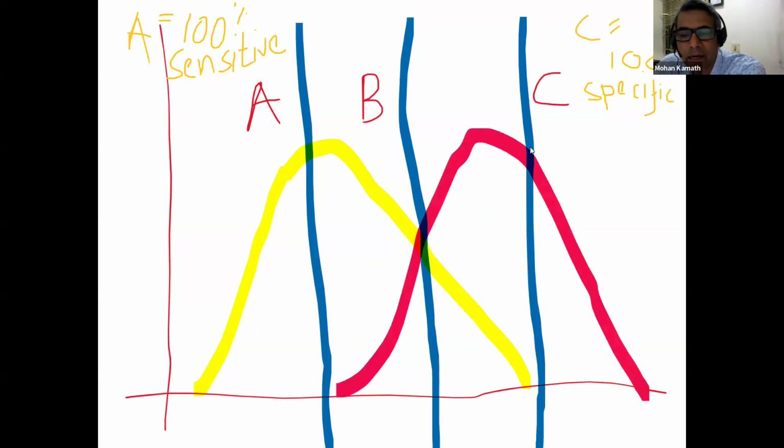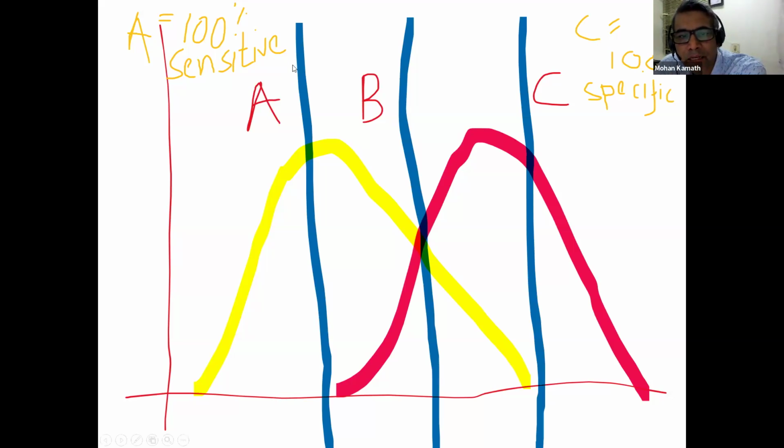So this is a little crowded diagram, but I'll just spend some time. You can see the red and the yellow peak are actually overlapping. This is what happens in the real world. So let's look at A, B, C, or I'll just take A and C here. Now, if you have a test which has a cutoff at A, so let's say you're taking sugars. We use this sugar example as, let's say, 100 milligrams sugar random, and anything above that is diabetes and below that is non-diabetic.